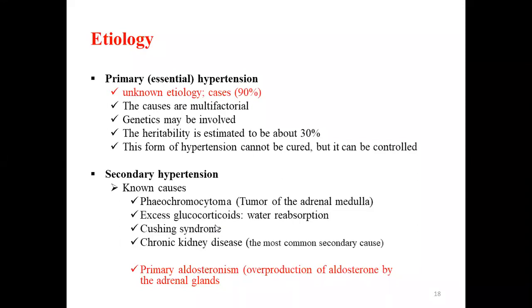Okay, then Cushing syndrome. We are still going to discuss it in the next semester, but Cushing syndrome is one cause of secondary hypertension. So what do you know about Cushing syndrome? Anyone? What is Cushing syndrome? Excess glucocorticoid production.